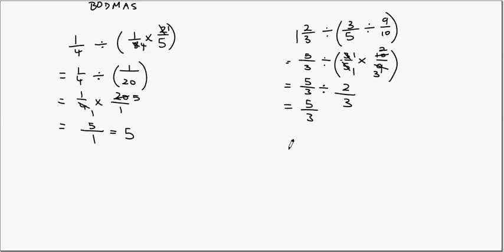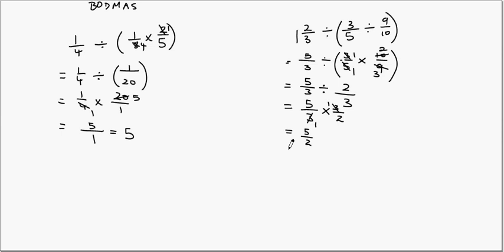So it would be 5 over 3 multiplied by 3 over 2. And then we look at what could cancel. 3 into 3, 1. 3 into 3, 1. So you end up with 5 on top. 5 by 1 is 5 and 1 by 2 is 2. So you end up with 5 over 2. Right?